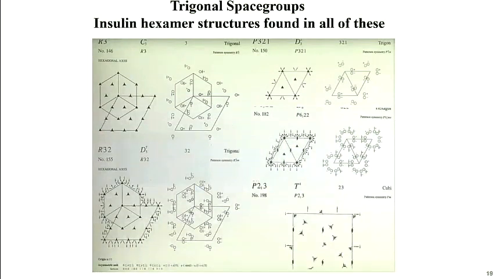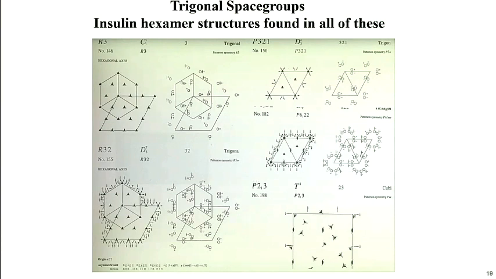And I should emphasize, just going back to the insulin example, over the years we've solved many, many insulin structures, and I just collected the range of space groups that they're in. You may notice that a lot of them have 3-fold axes, but it's a pain in the neck sorting out what you're going to find. The first one we did, which was the R3, there was a dimer in the asymmetric unit, and the 3-fold axis generated the hexamer.